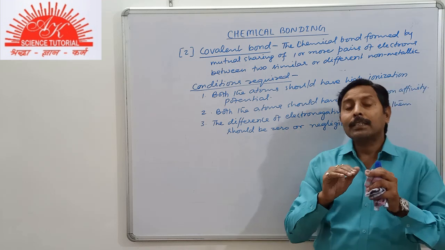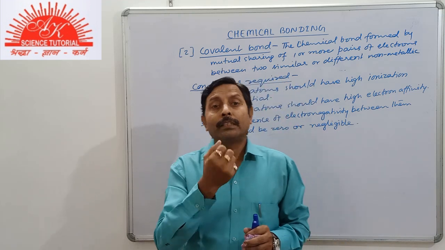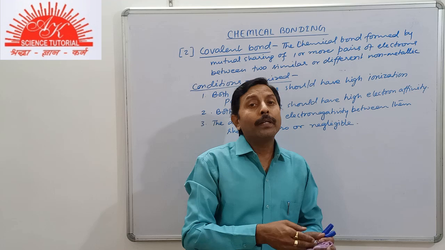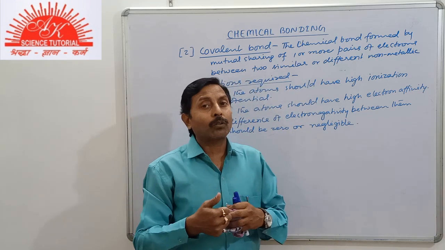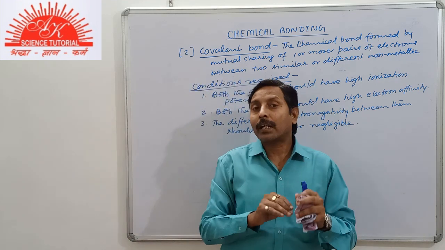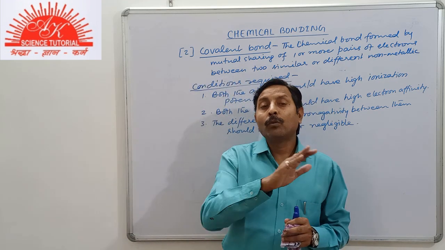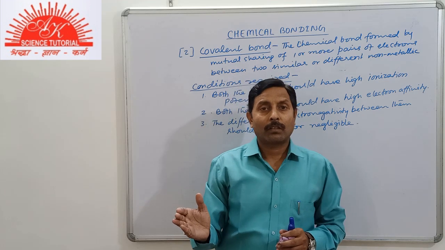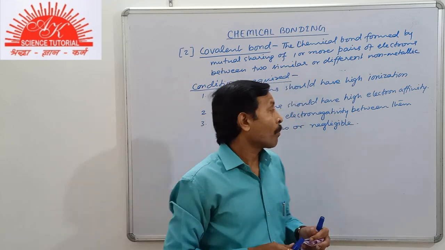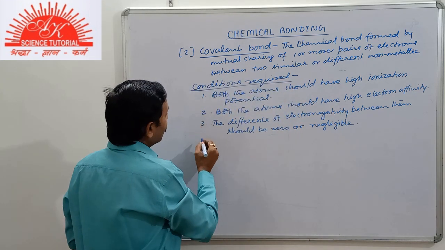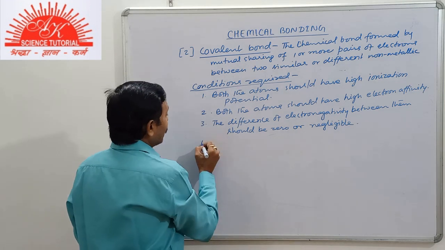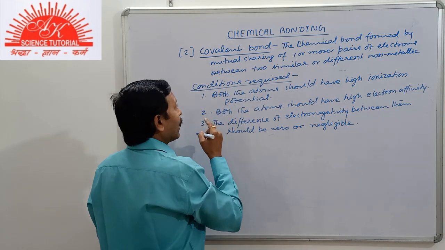If the difference in electronegativity is 0 or negligible, then neither of them will be able to pull the electrons completely. They will have almost equal attraction, so there will be no transfer of electrons, and hence they will have to share the electrons. So these are the three basic conditions required for the formation of a covalent bond.